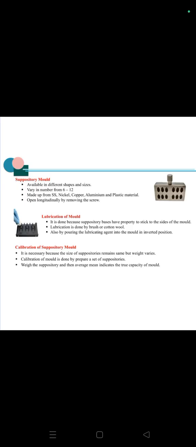Calibration of suppository mold is necessary because the size of suppositories remains the same but weight varies. Calibration of mold is done by preparing a set of suppositories, weighing the suppositories, and then the average mean indicates the true capacity of mold. Then displacement value.